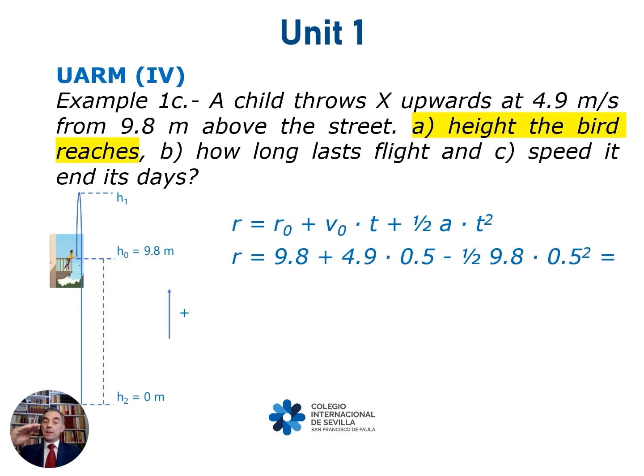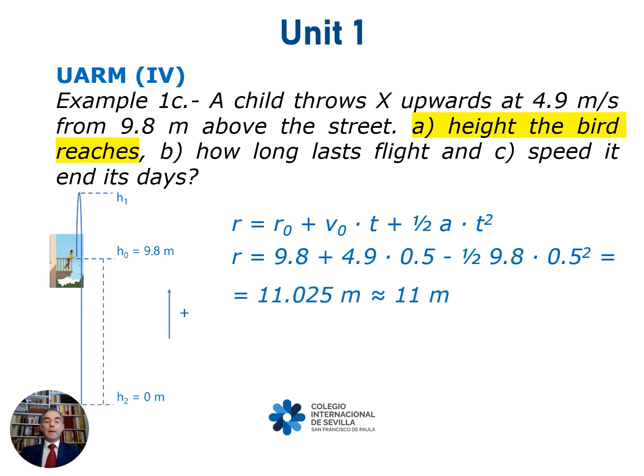We're starting at 9.8 above the street, which is level 0, and upwards is positive sense, plus 4.9, which is the value of the initial speed, again positive because going upwards, times the 0.5 seconds it goes up, minus, because gravity goes down, a half of 9.8 times 0.5 squared.